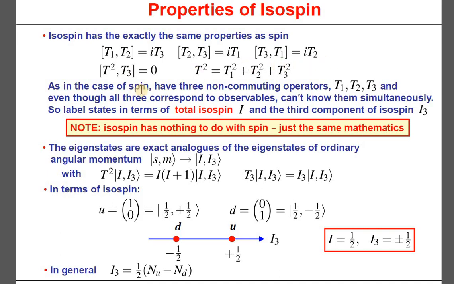As in the case of spin, we have three non-commuting operators, T1, T2, T3, and even though all three correspond to observables, we can't know them simultaneously. So we label states in terms of total isospin I and the third component of isospin I3.